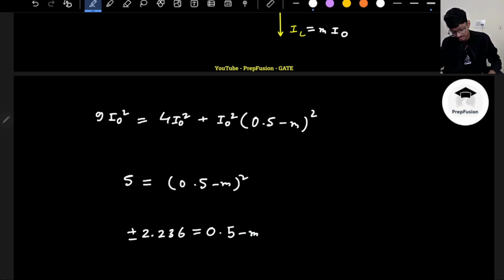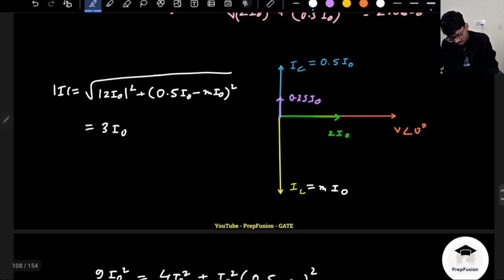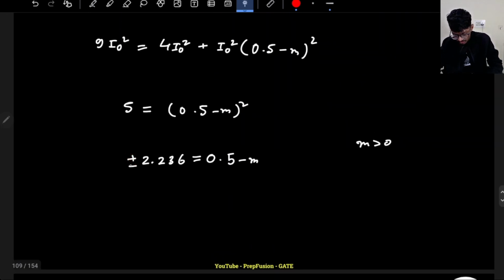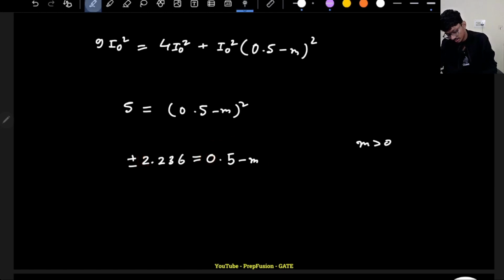Now this is plus minus, right? M has to be something positive, because M is a magnitude. So of course I will ignore the positive sign here, because if I take it to the right hand side, it will give me some negative value of M. That is not possible, so I will take the negative sign.